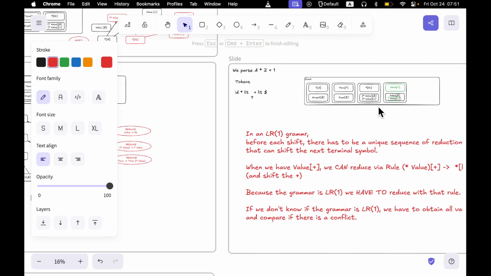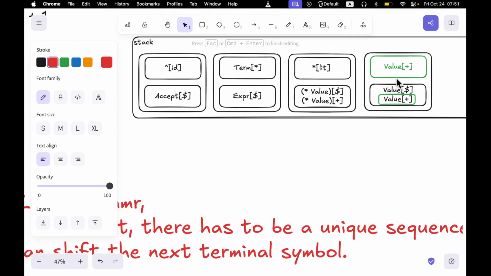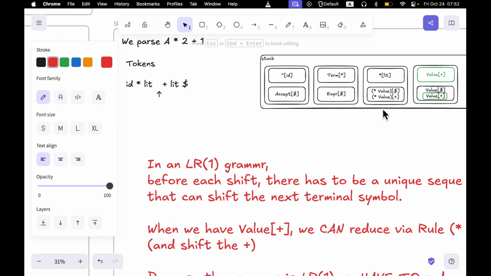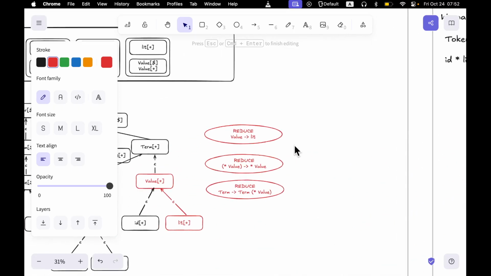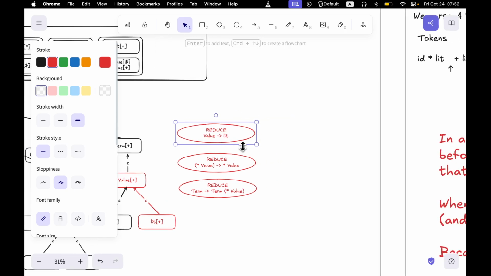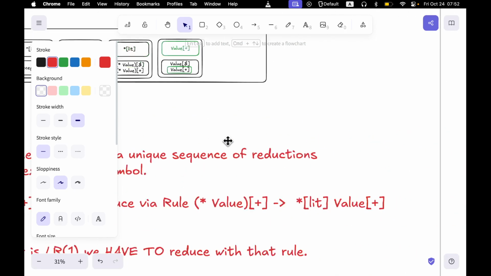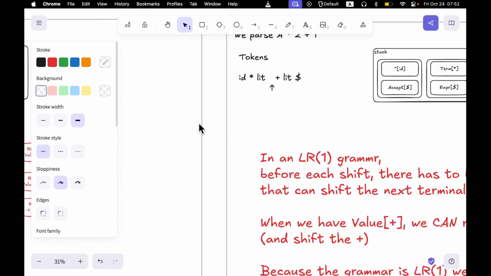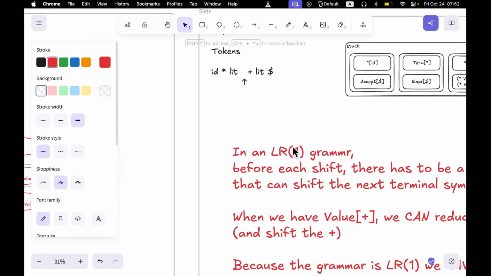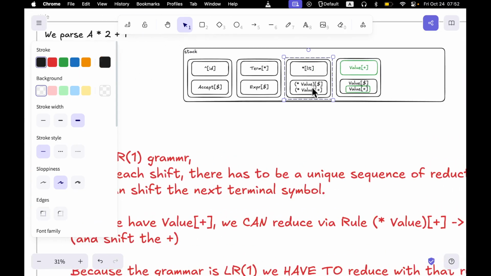And here, when we achieve the goal, you can always get into a state where you can shift. For example, here you can reduce value into a literal. Okay, you reduce value into literal to get into this state, and then you can reduce star value into star and value, and that achieves this goal, star value plus.